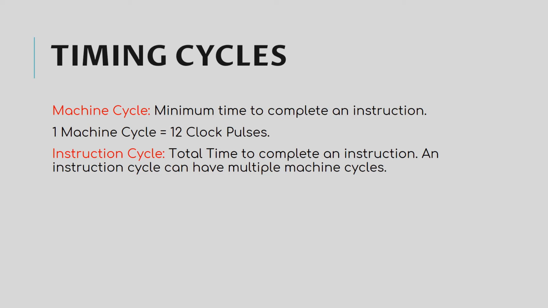So whatever clock frequency we are giving, that is important if we want to calculate the timing of a machine cycle. Then what is instruction cycle? Instruction cycle is the total time to execute an instruction, and instruction cycle can have multiple machine cycles. This is a fact. So you have to remember these two timing and it will be required later on.